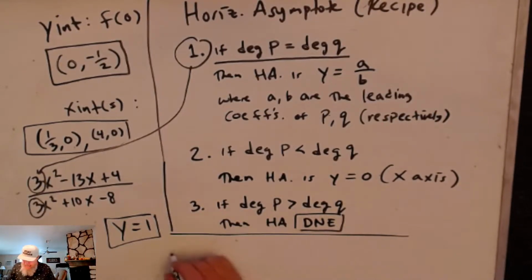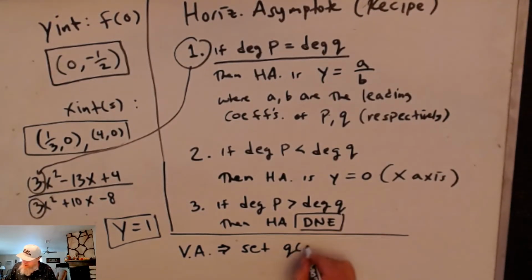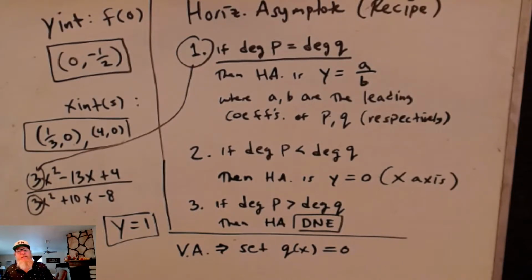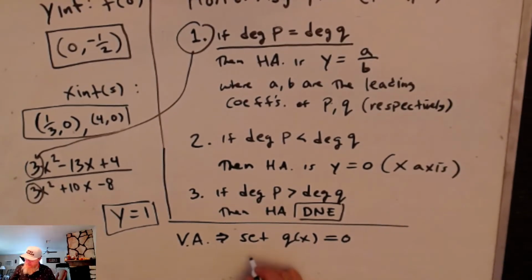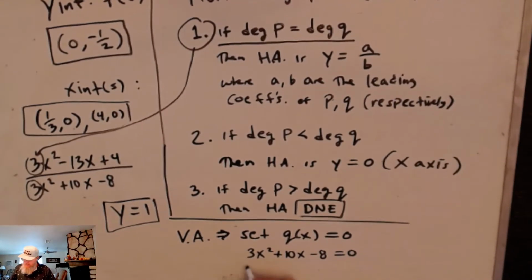Finally, the VA, the vertical asymptote, we're going to set Q of x to equal 0. All right, so Q of x equal to 0. So that's the denominator. 3x squared plus 10x minus 8 equals 0. And again, try to factor it before resorting to any kind of quadratic formula.